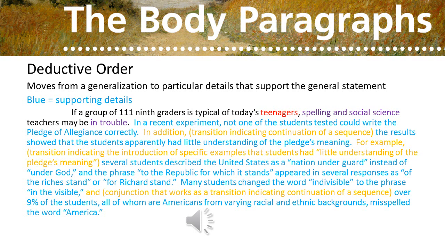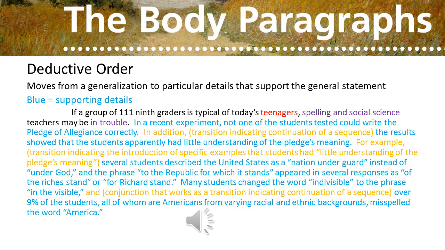For example, several students described the United States as a, quote, nation under guard, unquote, instead of, quote, under God, unquote. And the phrase, to the republic for which it stands, appeared in several responses as of the riches stand or for Richard's stand. Boy, that's pretty bad, isn't it?